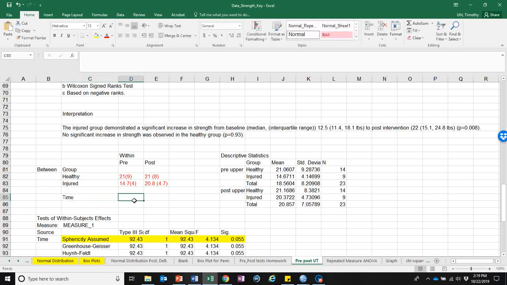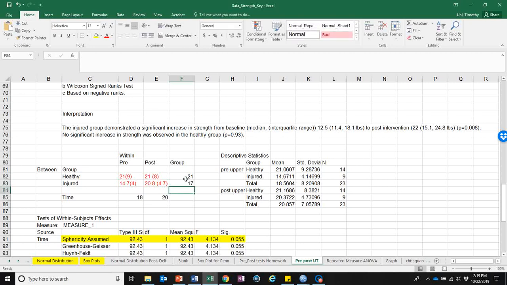Time would be the average here of 18 and 20. Group is going to be the average of the rows. So 21 and 21 is 21. And this 14 and 20, halfway between that is around 17 points. 17 pounds, I should say.